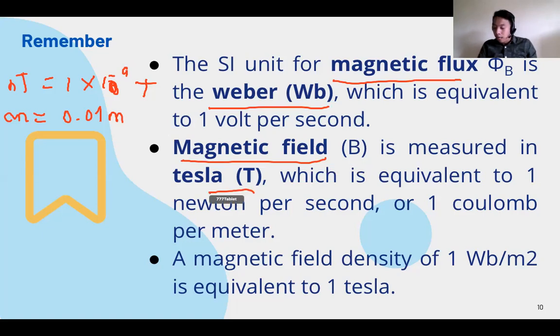Okay, and 1 Tesla is equivalent to 1 Weber over meter squared. 1 nano Tesla is equivalent to 1 by 10 raised to negative 9 Tesla. 1 centimeters is equivalent to 0.01 meters. Okay? You need to remember those. So after remembering all of those, let us now proceed to some problems.